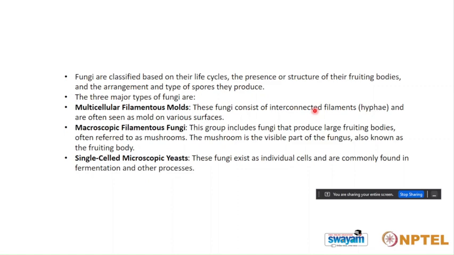Then macroscopic filamentous fungi can have large fruiting bodies. Mushrooms are the best example of macroscopic filamentous fungi. The visible part of a mushroom can be termed the fruiting body.